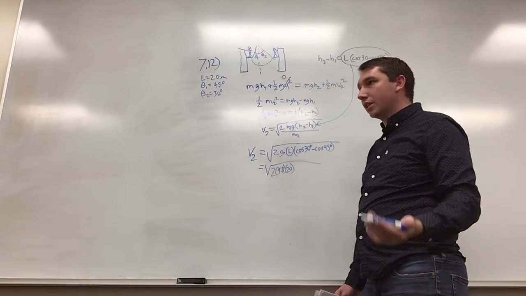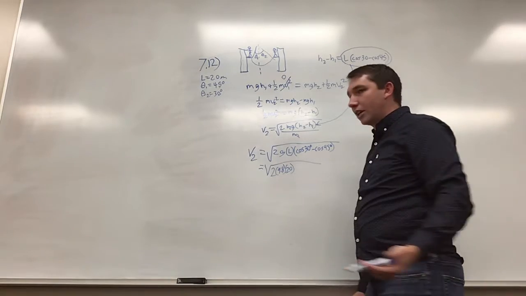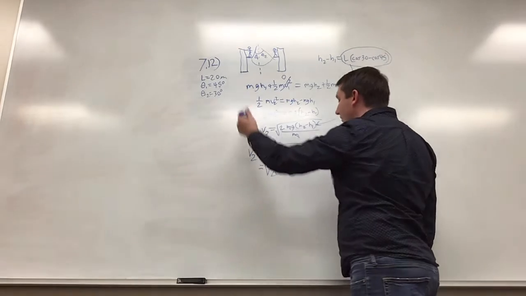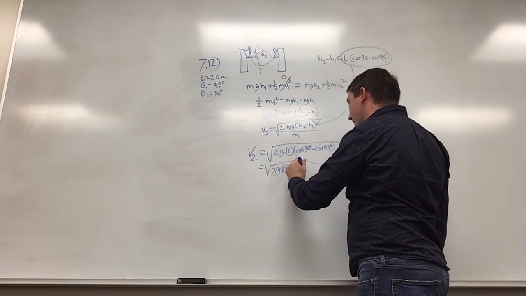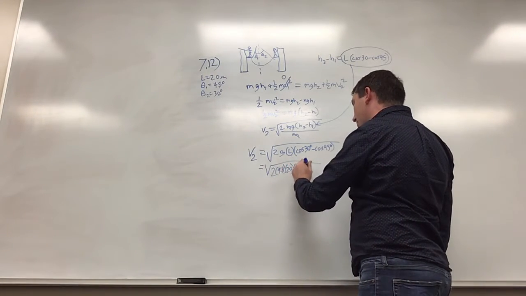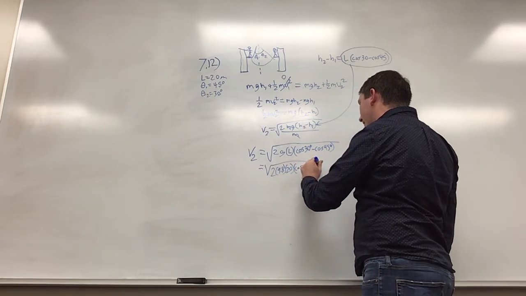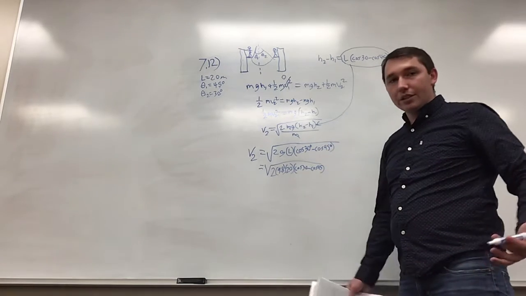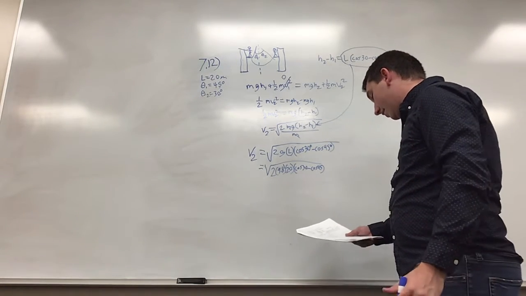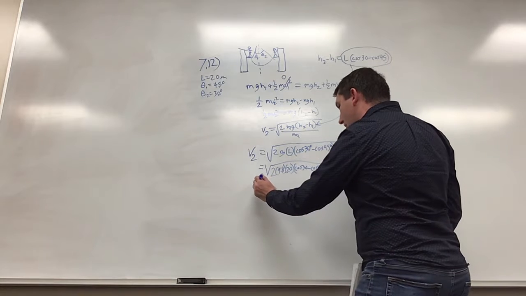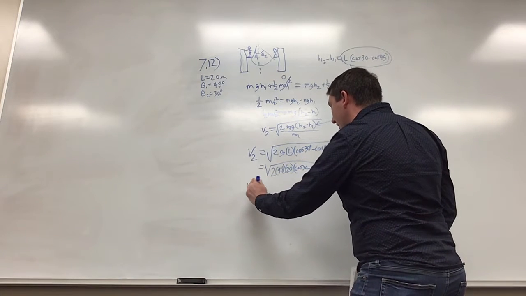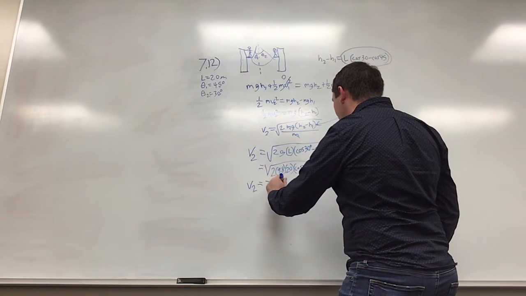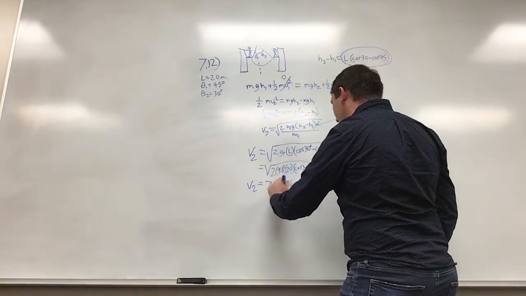Gravity is 9.81, we're just using 9.8 because that's how I did the math. 20 is the length of the vine, times cosine of 30 minus cosine of 45. And then when you do the math, that comes out to a final velocity of 7.89 meters per second.